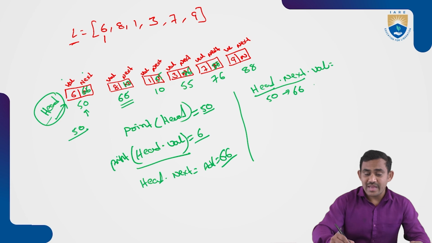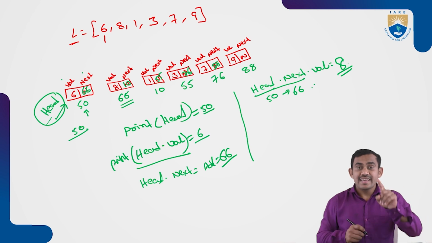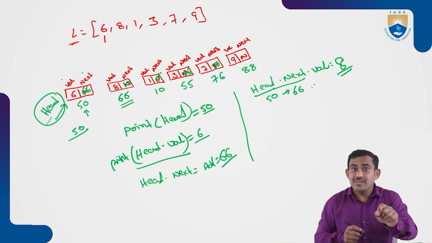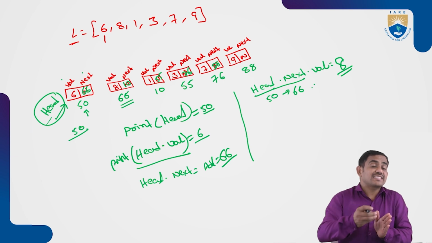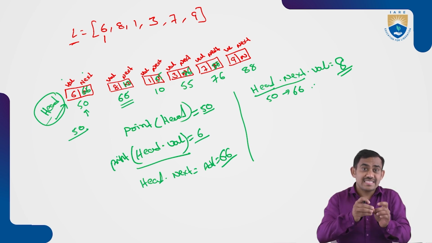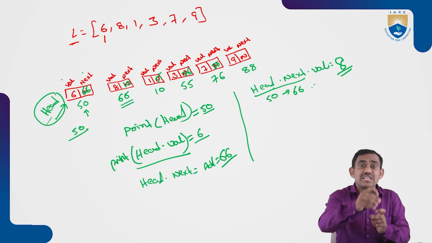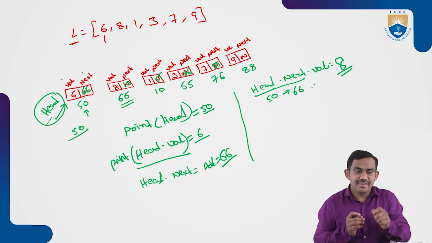Very good. So 66 dot value we have 8. This is your answer. So if you want to print head dot next dot value, you are taking the head, which is 50, next connected to 66, so the next address value you want to print. So the 66 value means 8.